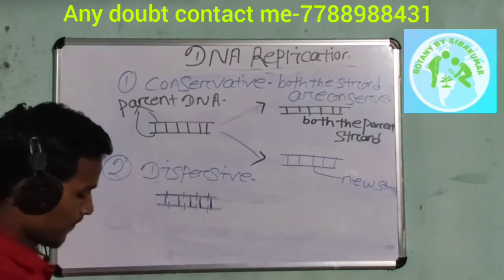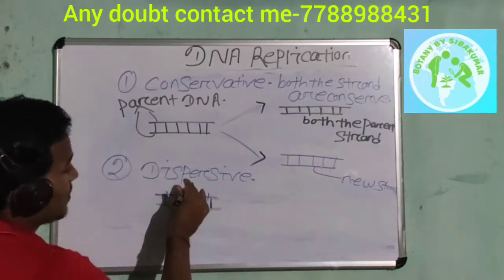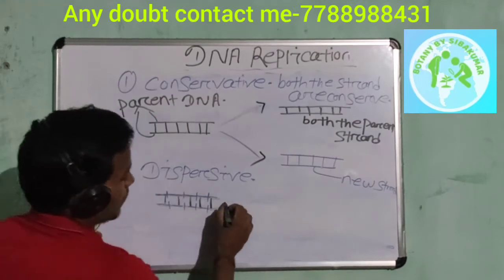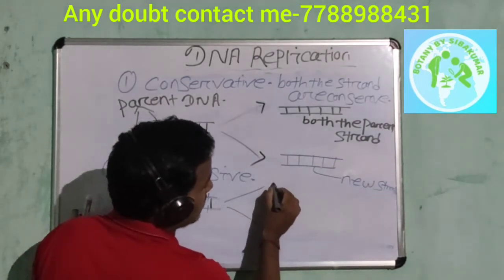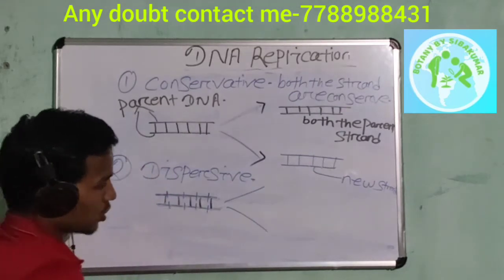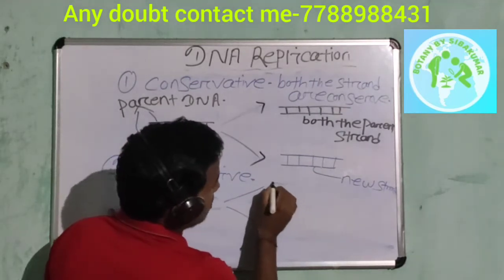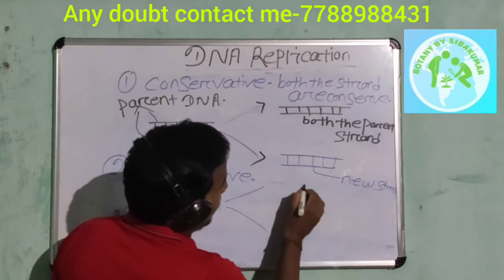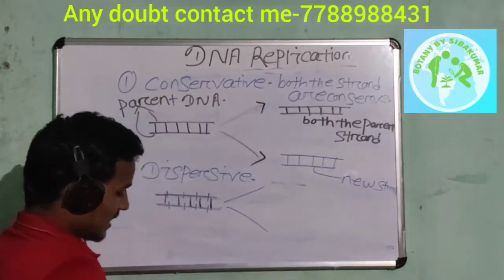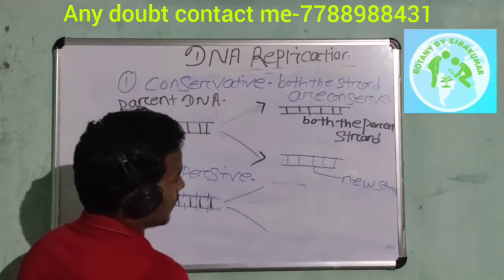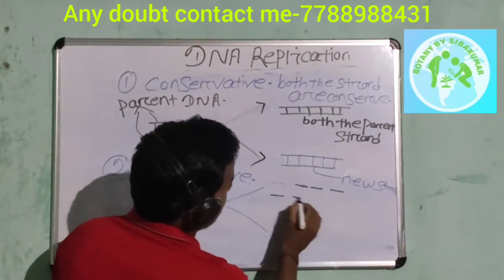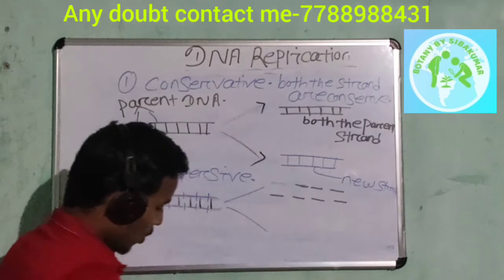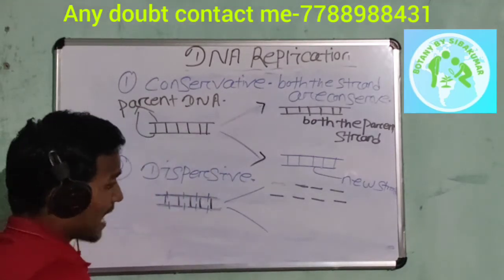So dispersive DNA replication says that one parent strand forms two daughter strands, and each daughter strand has both the parent strand and the new strand.